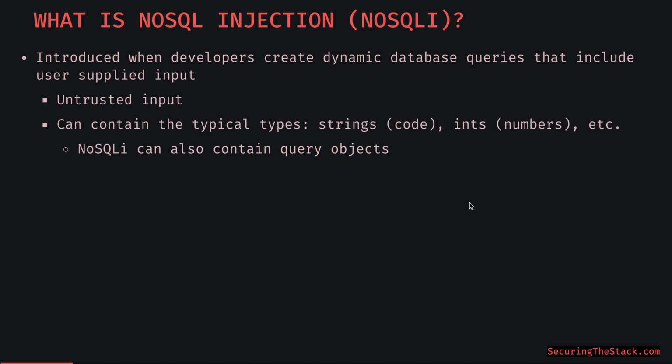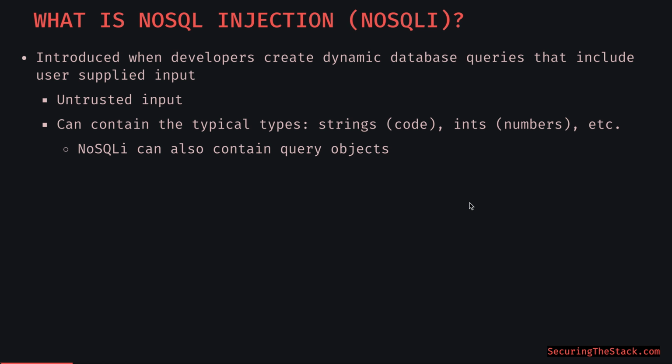But here's the thing, in the NoSQL world there are also some things that can come your way that have different meanings than one would expect. NoSQL can also contain query objects. We're going to be looking at injection through these query objects in another module.